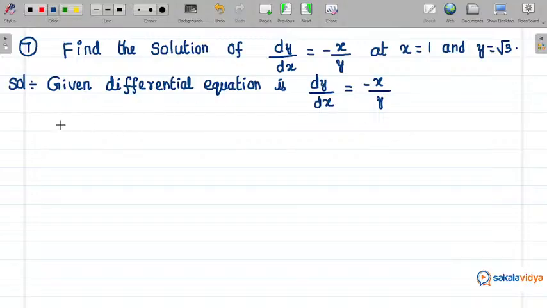So, simply on cross multiplication what do we get? y dy is equal to minus x dx. So, the variables also got separated. Now, directly integrating on both sides.